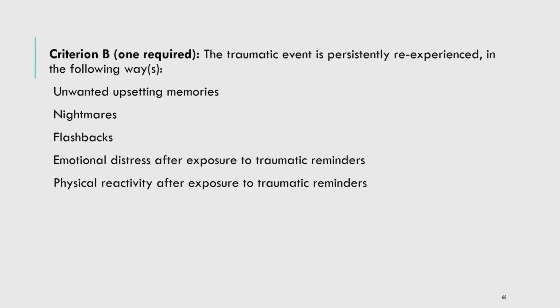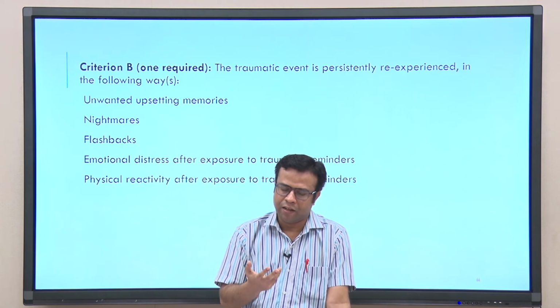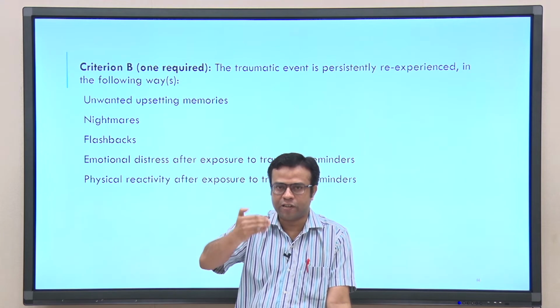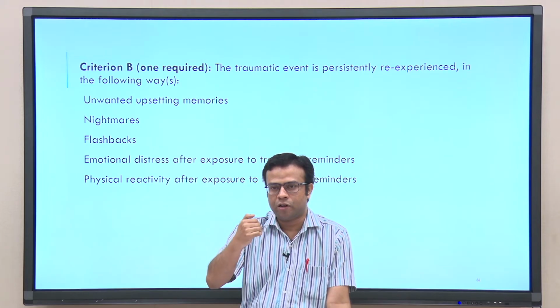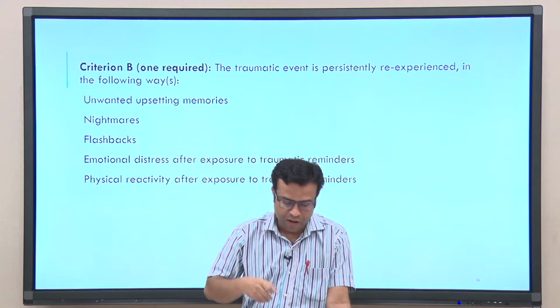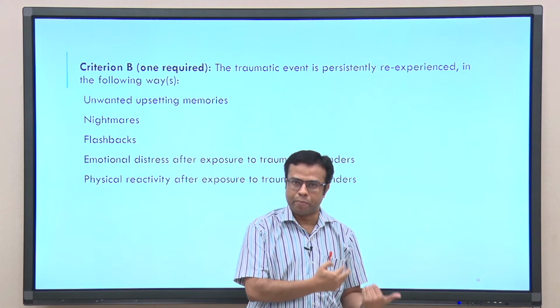Criterion B says that the traumatic event is persistently re-experienced. So, what happens in PTSD? One of the major symptoms is re-experiencing. You persistently re-experience the traumatic event that has happened. Let us say after an accident, it is not going out of your mind. Continuously you are re-experiencing this traumatic event again and again, in the form of unwanted upsetting memories.